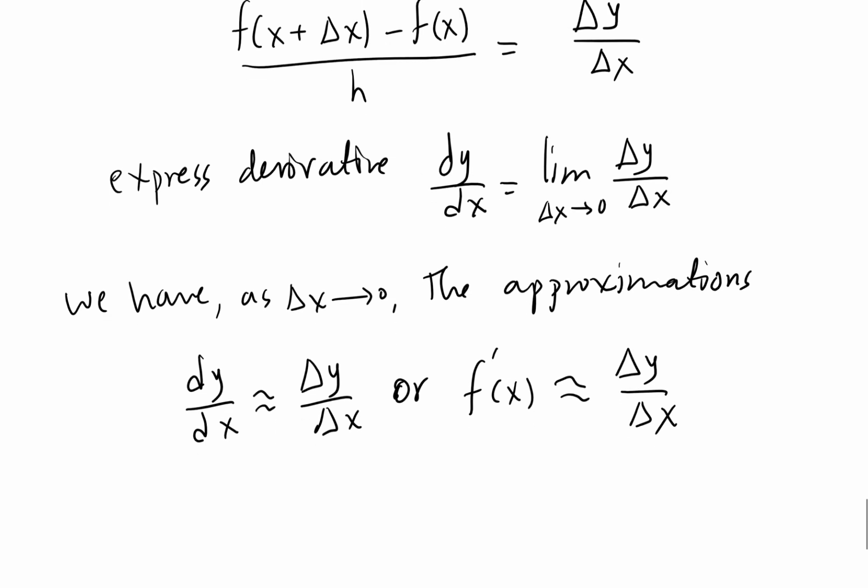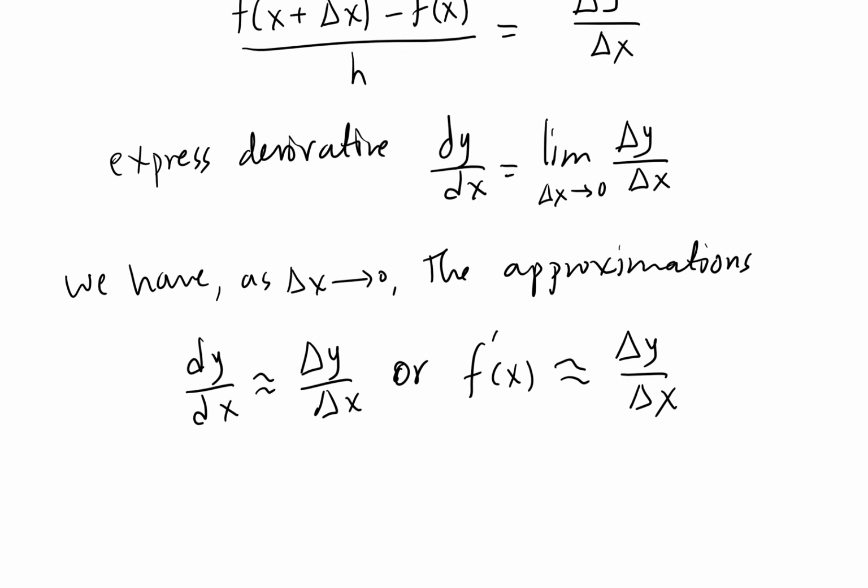And from here, if you cross multiply, we get that delta y is about f prime of x delta x.